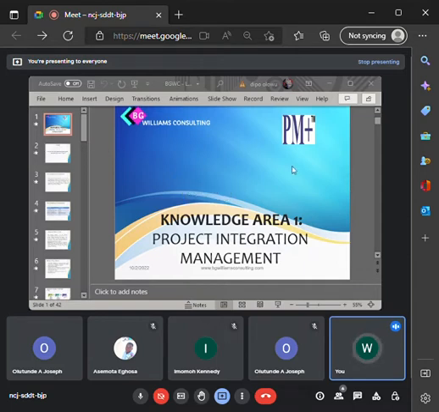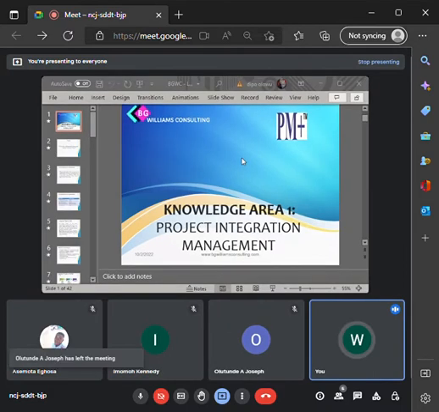Under the fundamentals of project management, we looked at the meaning of project management and the characteristics of project management. We also looked at the similarities and differences between operations and project management.